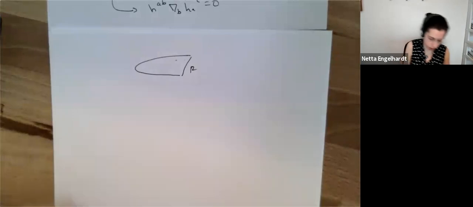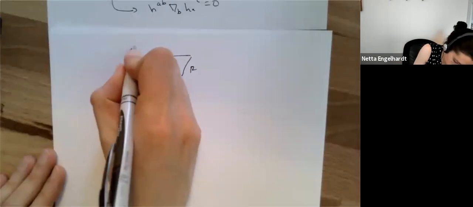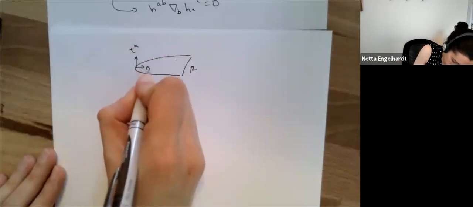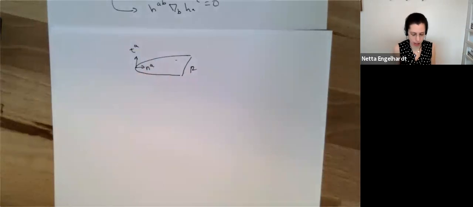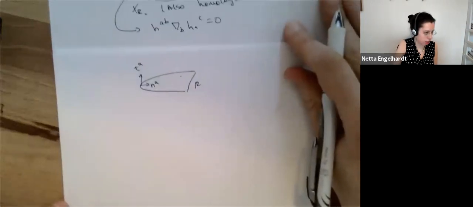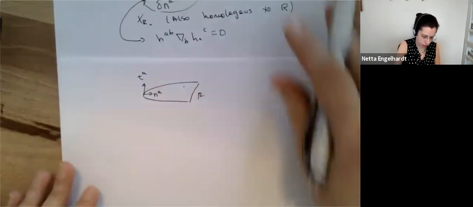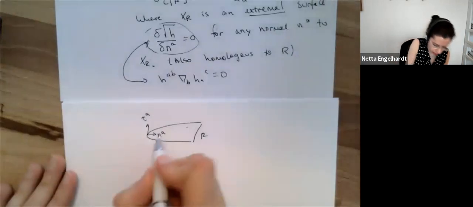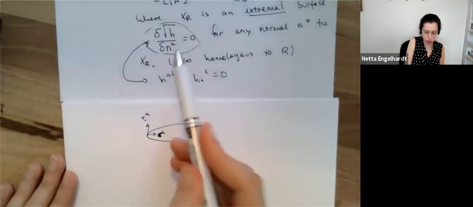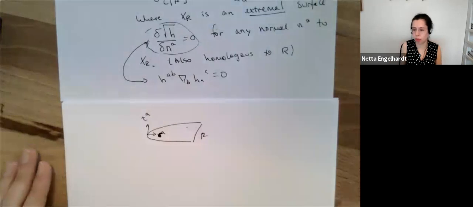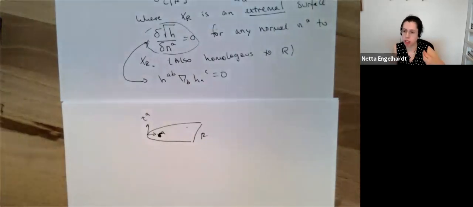So I can imagine a decomposition T^A, N^A. And essentially what this equation is telling you is that you have to consider variations in any of them. I'm just going to call this K^A. This equation says that this has to be true for any normal. And so physically speaking, what that means is that if you slightly perturb the location of the surface in any direction, there's no nice particular direction that's picked out for you by time independence.